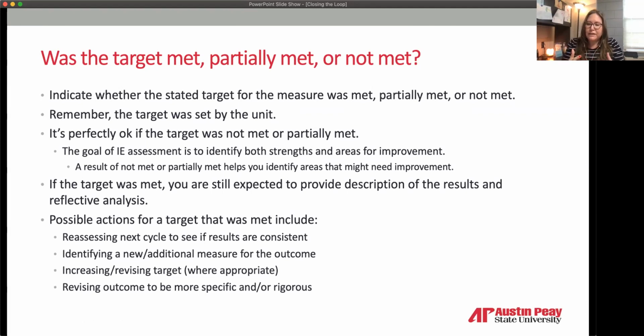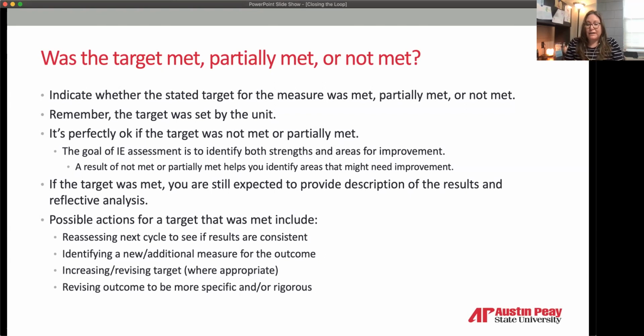And then you want to talk about some possible actions for a target that was met. That may be things like reassessing it next year to make sure those were consistent results. Was this year just a really great year? So see if you'll get those consistent results in the future.